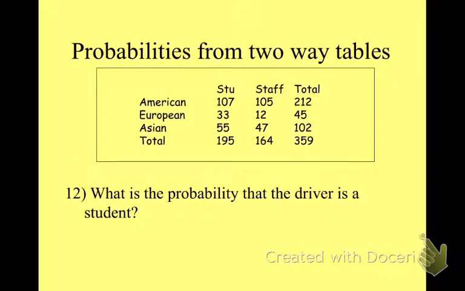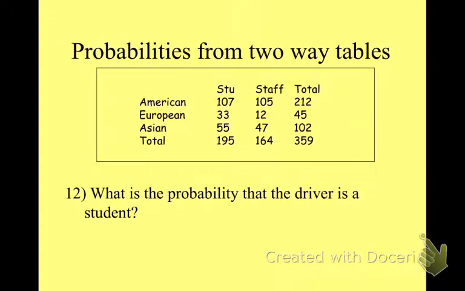Mostly, I've seen conditional probability in the form of two-way tables where they're asking questions based on that table. So for number 12, this is what you mostly see on free responses for a probability question. It says, what is the probability that the driver is a student?